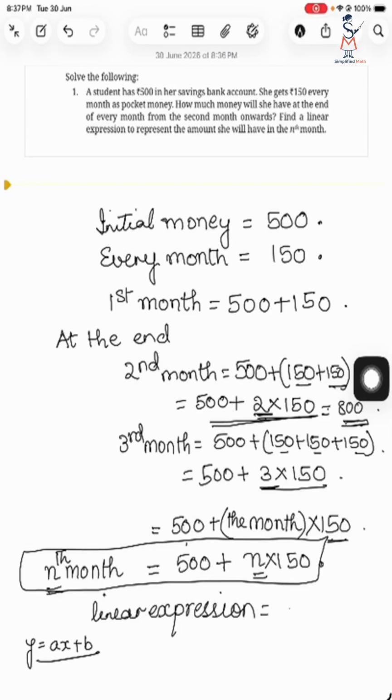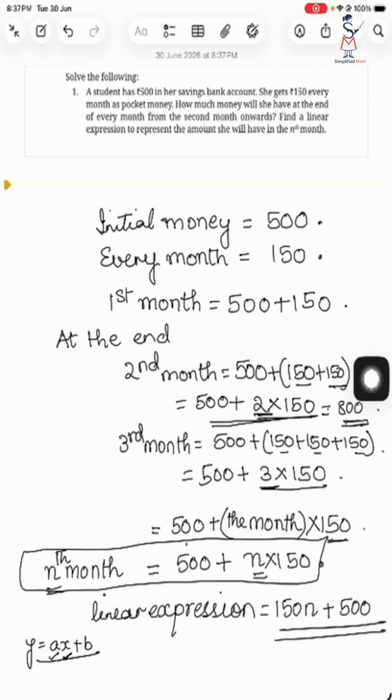So this is also in this form. a is a constant and x is the variable. So this can be written as 150n plus 500. This is your linear expression which you derive from the information given in the question, where we had to find the linear expression.